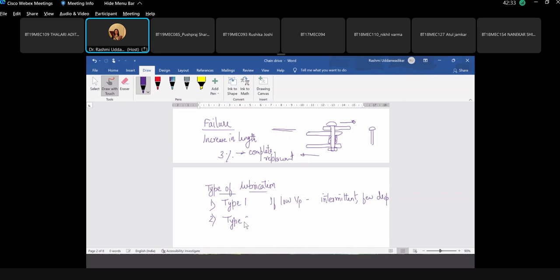Type 2 lubrication is at intermediate speeds. If the maximum peripheral velocity is 400, 500 and above, we call it high speed. Low speed would be anywhere around 100, 150. Intermediate is in the range of 200 to 350. At intermediate velocity, we want the chain to pass through a shallow oil bath.